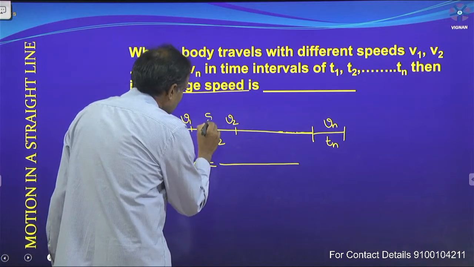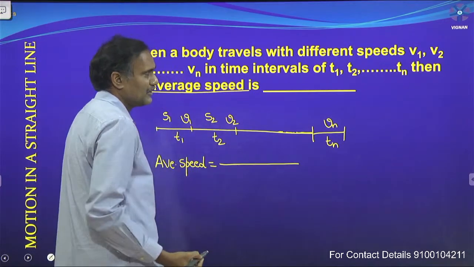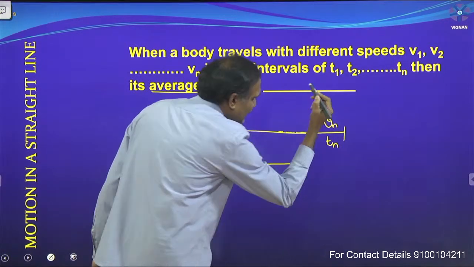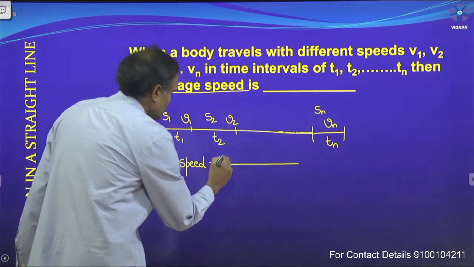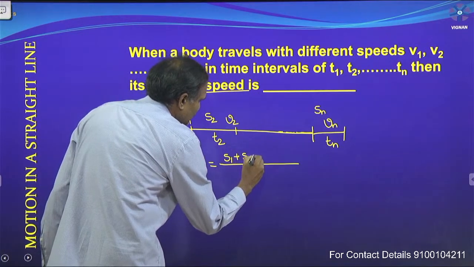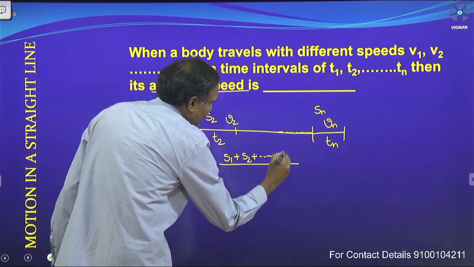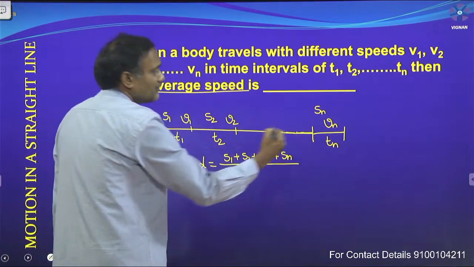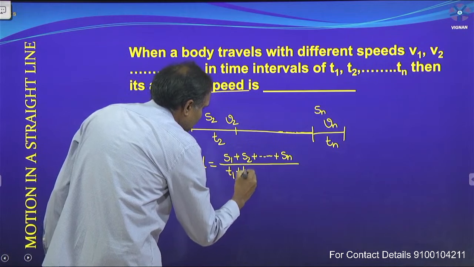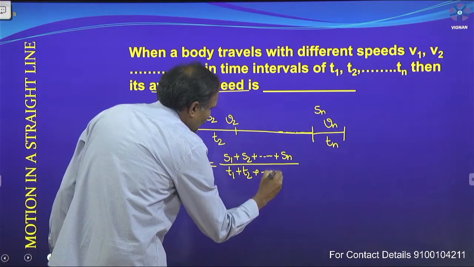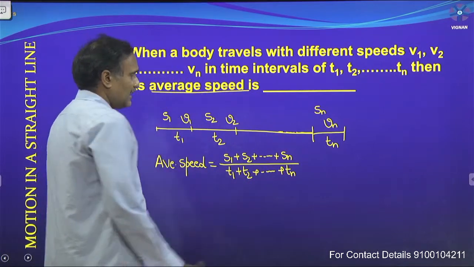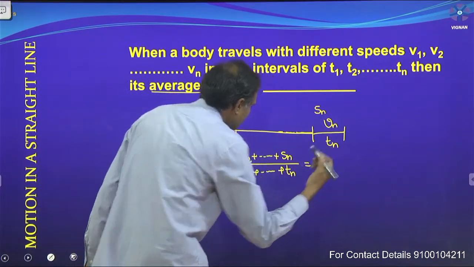During the time interval t2, it is s2. So on, during the time interval tn, it is sn. So, s1 plus s2 plus so on sn divided by total time interval t1 plus t2 plus so on tn.